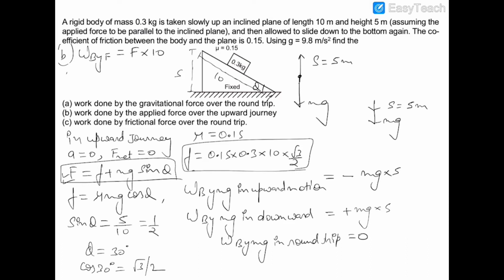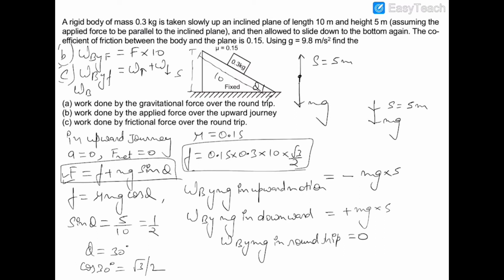So for C option, as friction will be acting in the downward direction and the block will be displaced in the upward direction for the upward journey, therefore the work done by friction will be equal to the work done in the upward journey plus the work done in the downward journey.